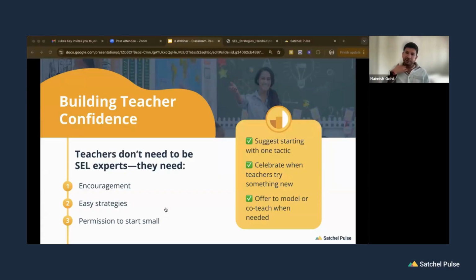So I would say, in summary, there are many opportunities to build teacher confidence. You don't have to be an expert in SEL. You just have to be really willing to try. And I think as counselors, we do this anyway.